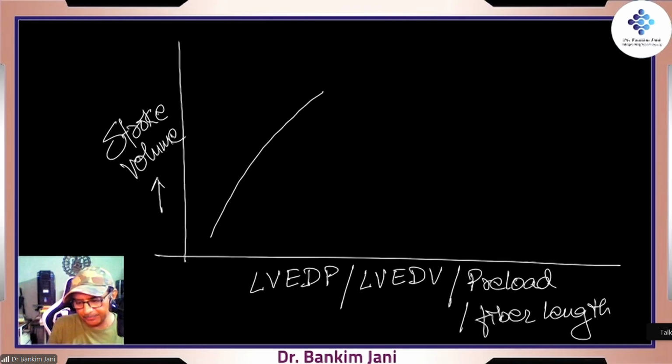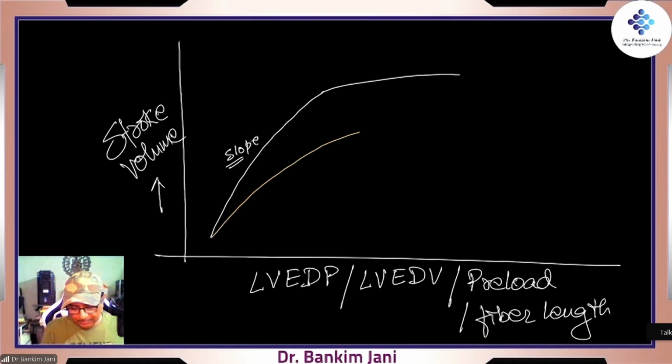After that, it would be like a plateau, right? So this slope, if I draw one graph, and in the exam you'll be given a graph like this and asked in which of these there is an increase in contractility.